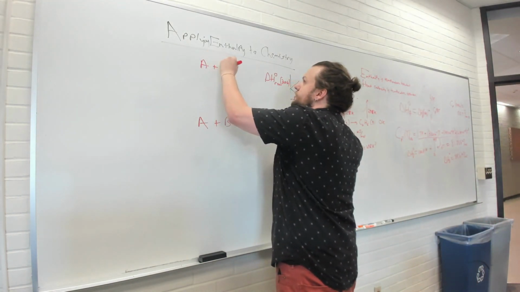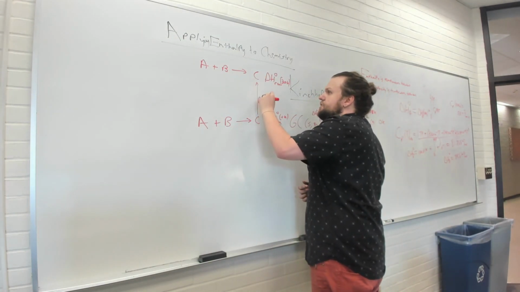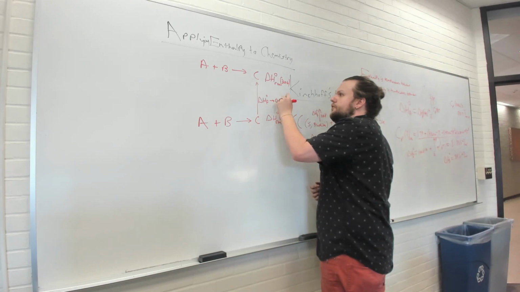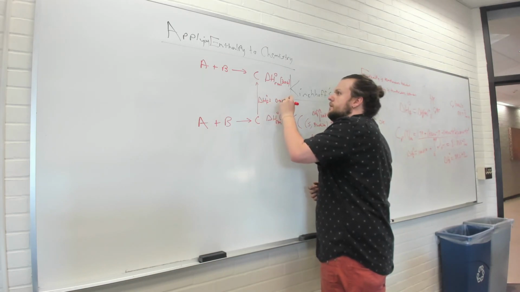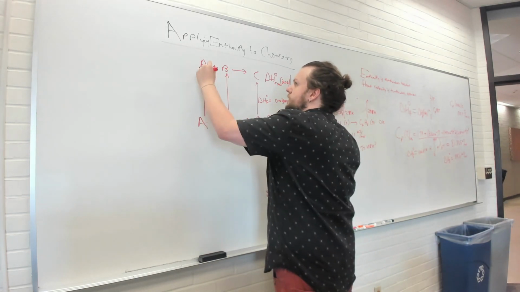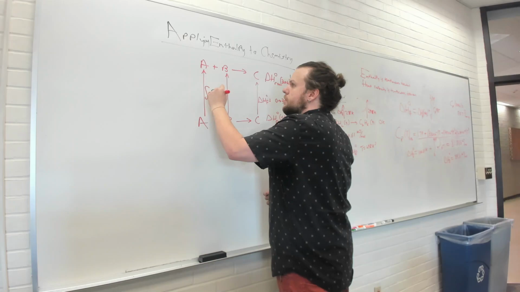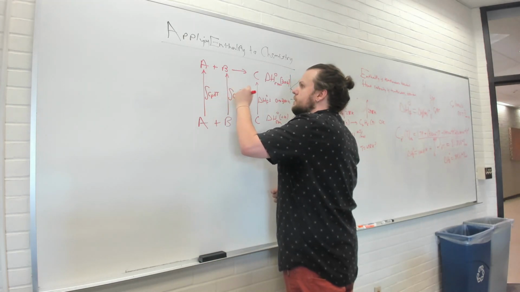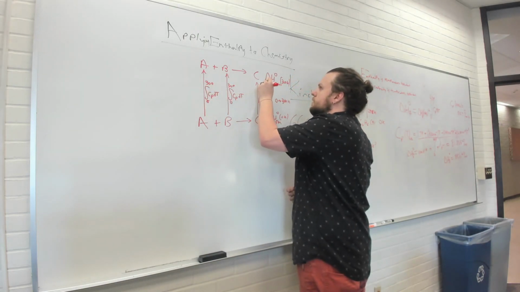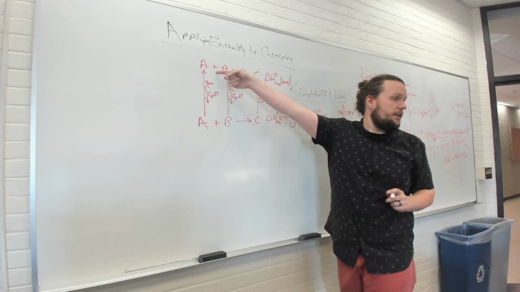Well, what we do is we take the enthalpy of formation and apply Kirchhoff's law to take it from 0 to 298 Kelvin, or 300 Kelvin, for the products. And we do the same thing for the reactants. So we use the integral of Cp dT for each species. And then we get new enthalpies of formation at 300 Kelvin.